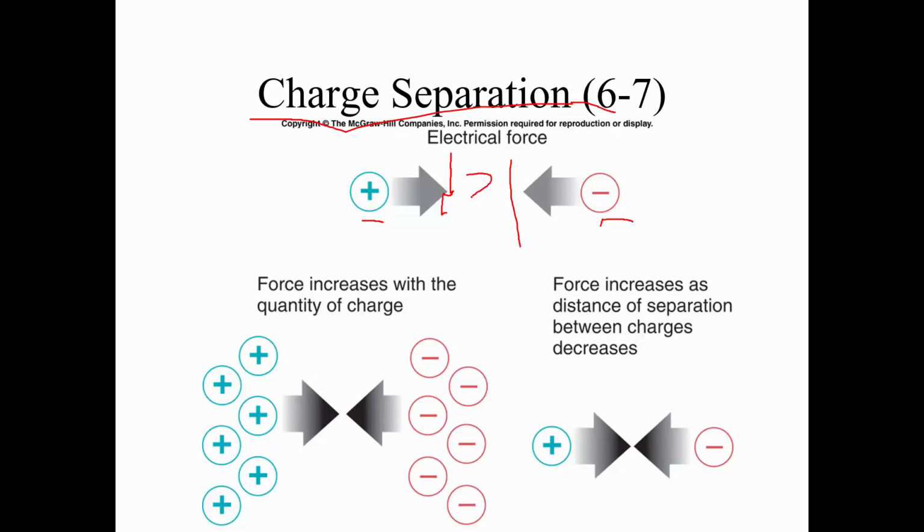So you have this lipid bilayer here, and this lipid bilayer is very thin, a few nanometers. So then you have the separation of these two charges, and this is a powerful force across this membrane.